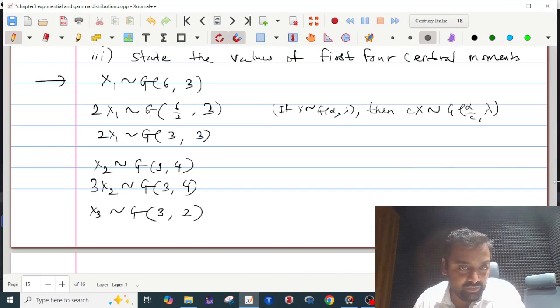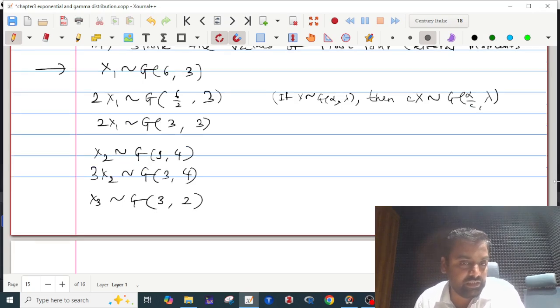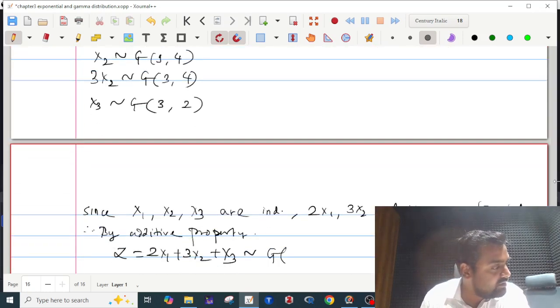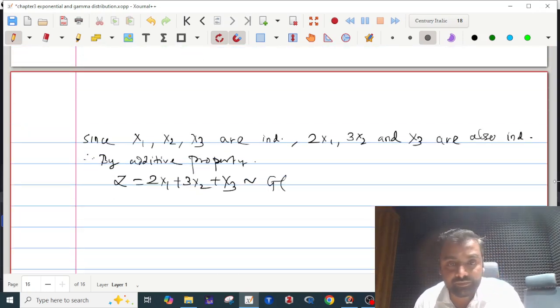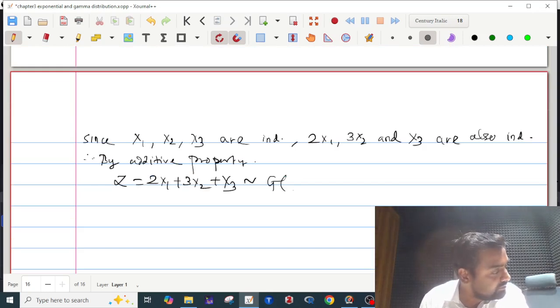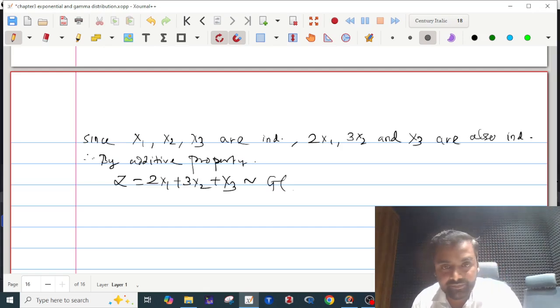Alpha is fixed here, we can observe alpha is 3 in each. Lambda 1 is 3, lambda 2 is 4, lambda 3 is 2. 3 plus 4 is 7, 7 plus 2 is 9. So the distribution is gamma 3 comma 9, that is, alpha comma lambda 1 plus lambda 2 plus lambda 3.